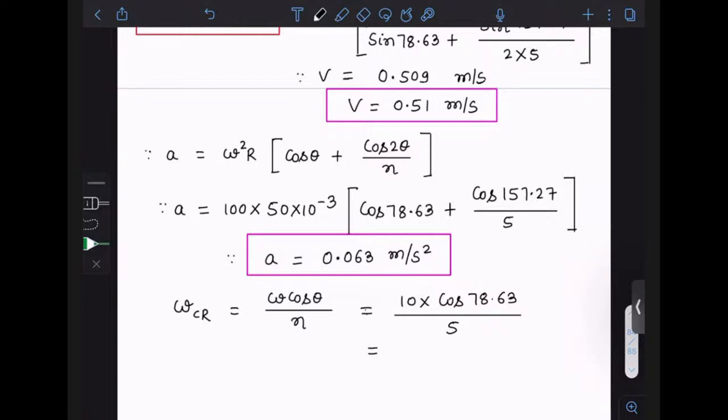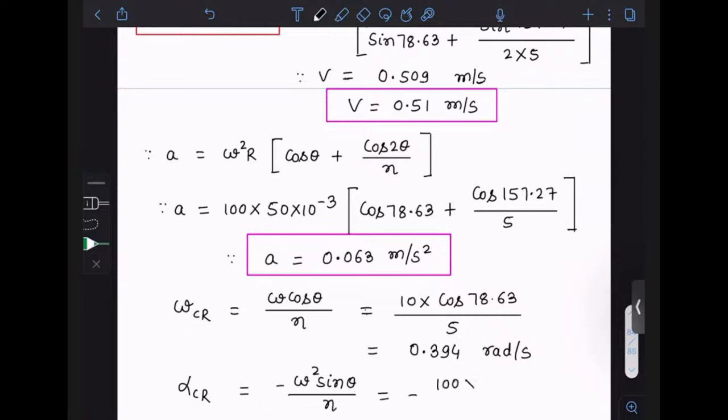So we are getting 0.394 radian per second. Now alpha of the connecting rod is minus omega square, differentiating this, sine theta by n.